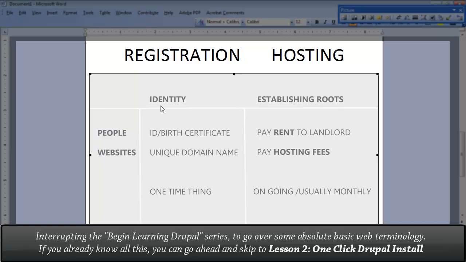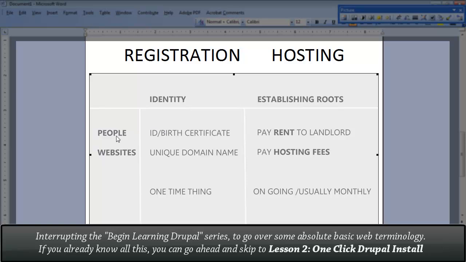So that's kind of like the best way I can explain what registering a website is all about. So it could be www.domainname.com.